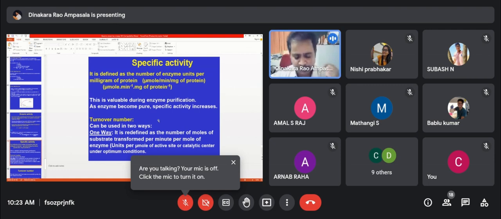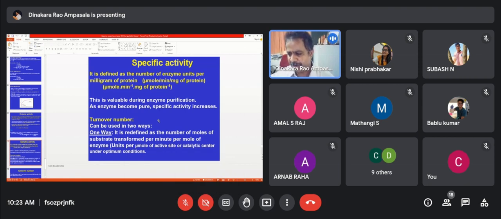If you do a purification process, you can see the starting specific activity of the enzyme and, at the end, the final specific activity. In purification, the enzyme specific activity will increase. In the beginning, when you have the cell or tissue and you lyse it, the lysate is called crude enzyme.